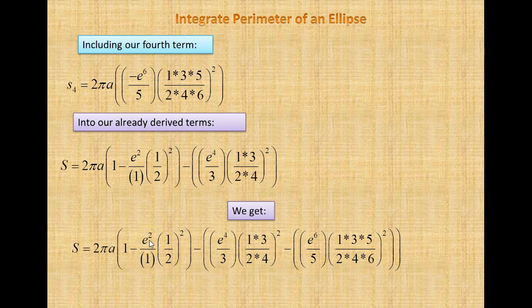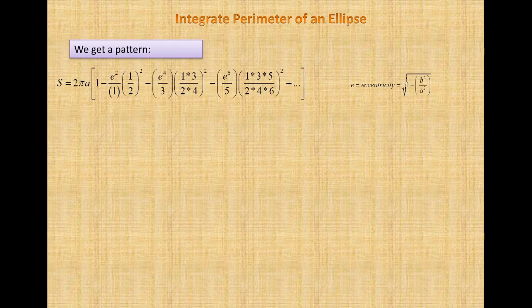Look at the eccentricity: e squared, e to the 4th, e to the 6th. Divided into the eccentricity is 1, 3, 5. Multiplied by those terms is 1 over 2 squared, 1 times 3 divided by 2 times 4 squared, 1 times 3 times 5 divided by 2 times 4 times 6 squared. Can you guess what the next term is? Let's continue.